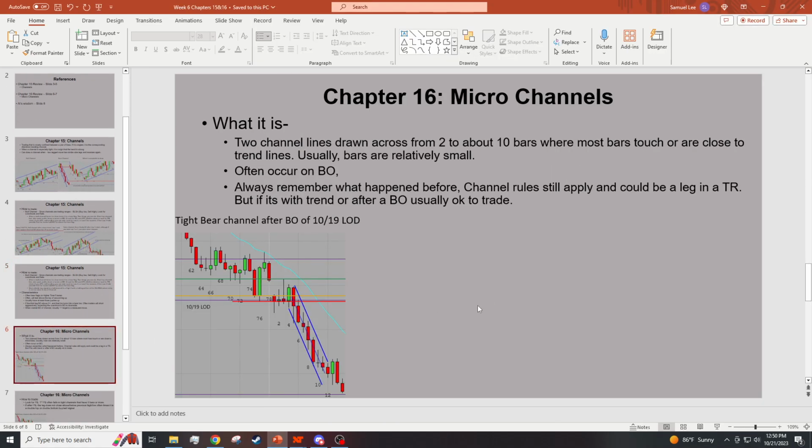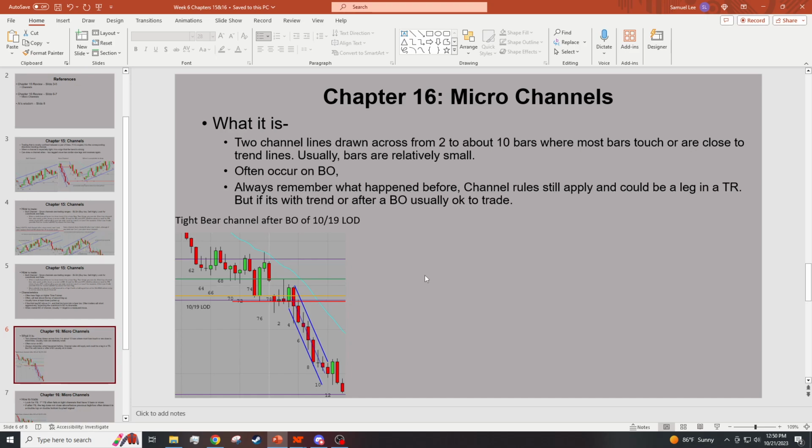Moving on to chapter 16, micro channels. Micro channels are really tight channels between 2 lines, and usually all of the bars will be touching it. It doesn't have to, but they'll be very, very close. They often occur on breakouts, but they can occur anywhere. You'll see when we get into the micro channels, Al really likes with-trend trades on them because they are a sign of strength.